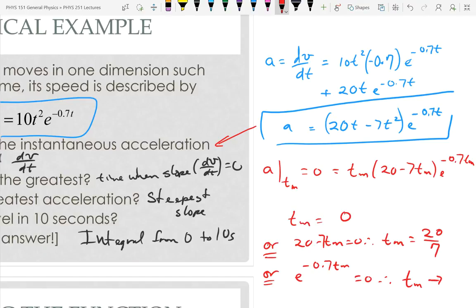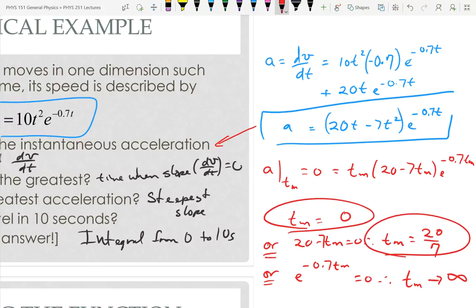We could do the natural log of both sides, except the natural log of 0 is minus infinity, undefined. As Tm approaches infinity, because that's minus infinity, I'd have minus infinity equals minus 0.7 Tm, if I did what you said. Cancel the minus signs, divide by 0.7, infinity divided by 0.7, still infinity. So Tm approaching infinity. So I had three answers: Tm is 0, Tm is 20 over 7, or Tm is approaching infinity.